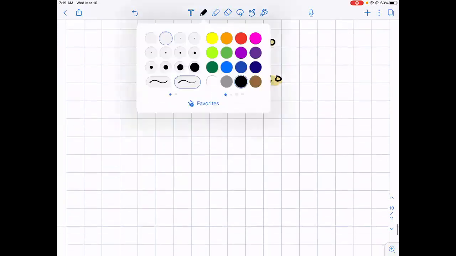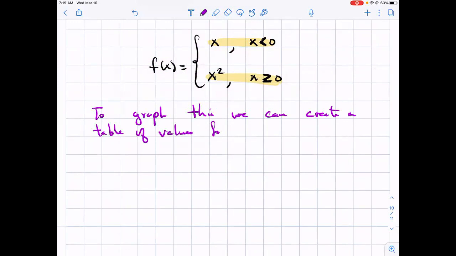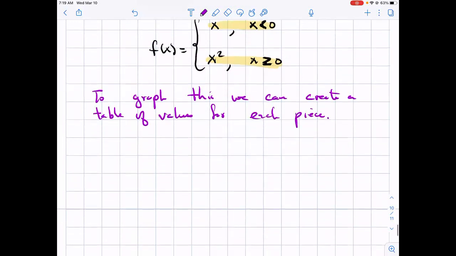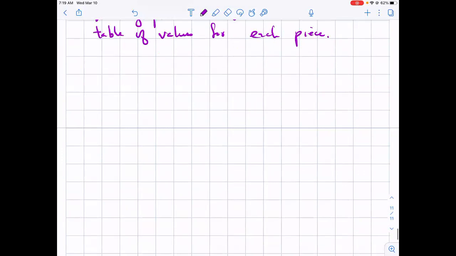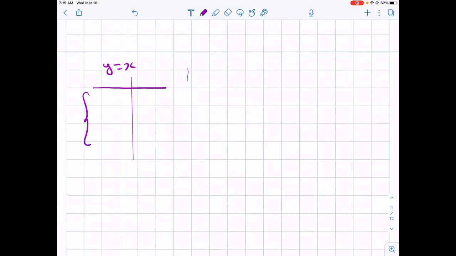So I would suggest to graph this, we can create a table of values for each piece. Meaning, if I want to graph the function x, when I create my table of values, these values here have to be less than 0.